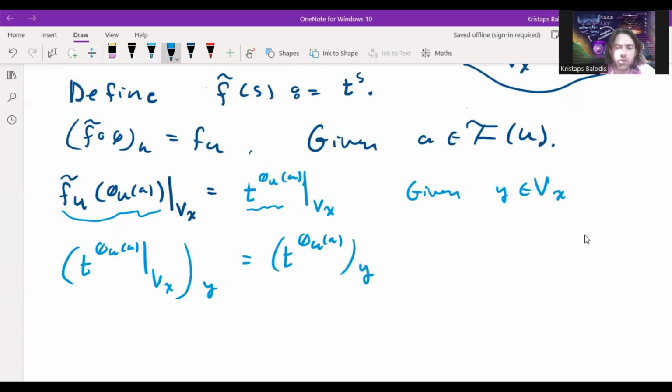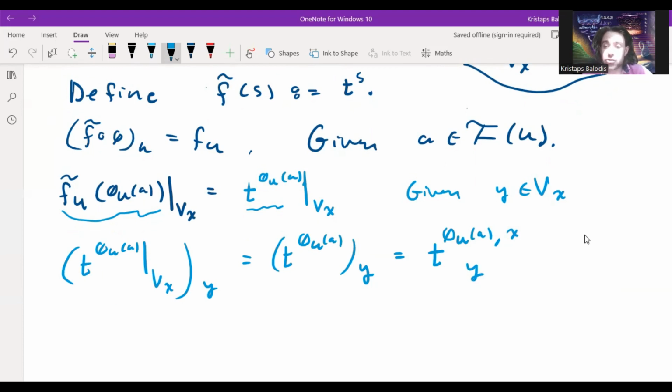And the stalk of this by construction is the same as the stalk of T, X, Y, the stalk of this thing.